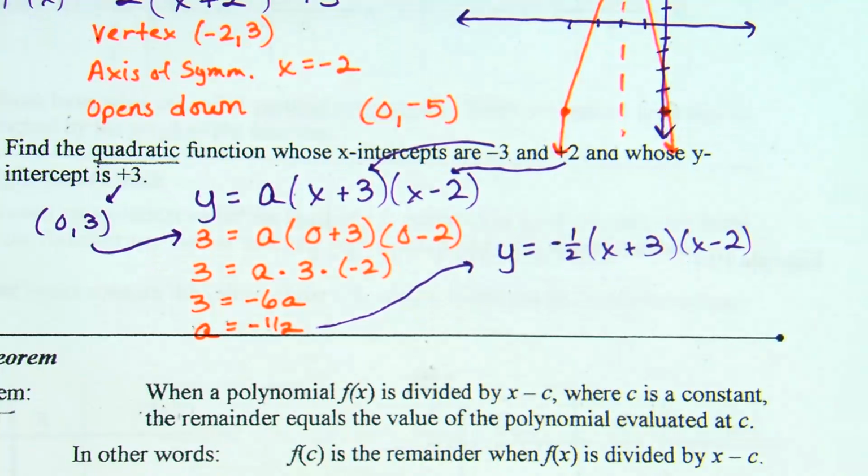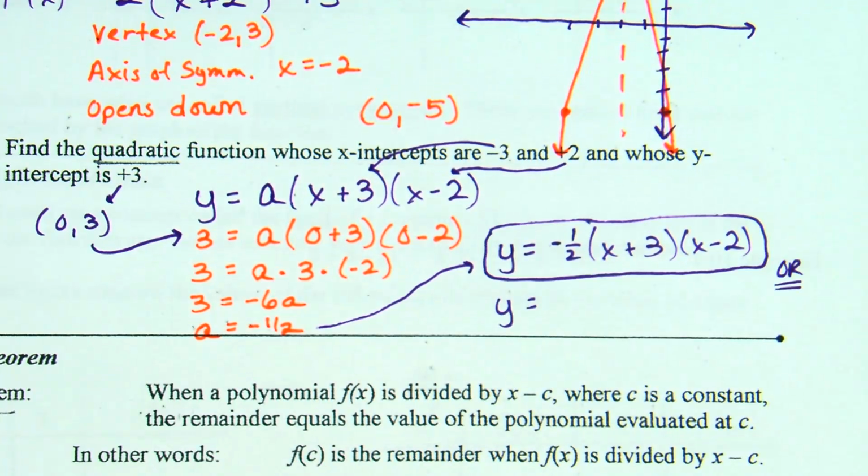How talented are we with mental math? And I'm going to have both of these boxed as possible answers. Like this one is a possible answer. And then I'm going to say or. Can you FOIL and then also multiply by negative 1/2 all in your heads?